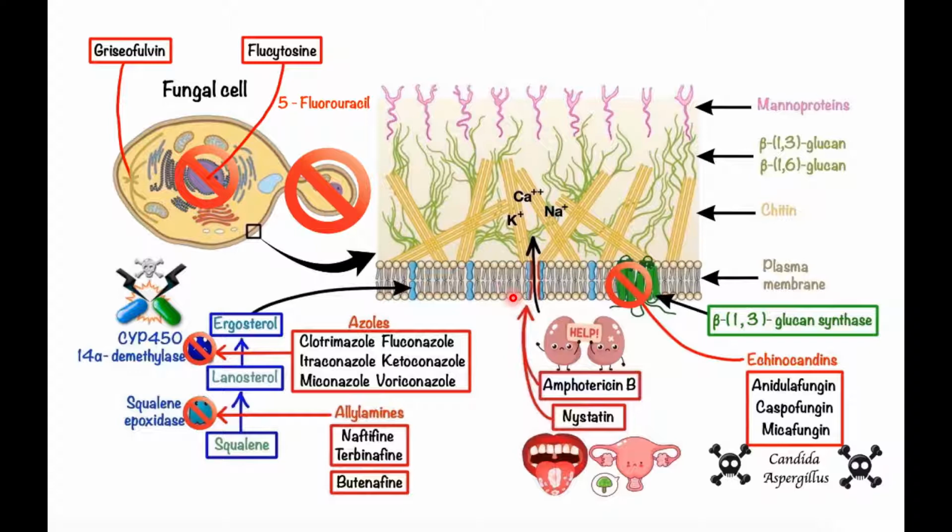One of the first drugs for the treatment of fungal diseases is amphotericin B, that is acting on ergosterol and making pores that allow the leakage of the ions from the fungi cell, and that leads to the death of the fungi.